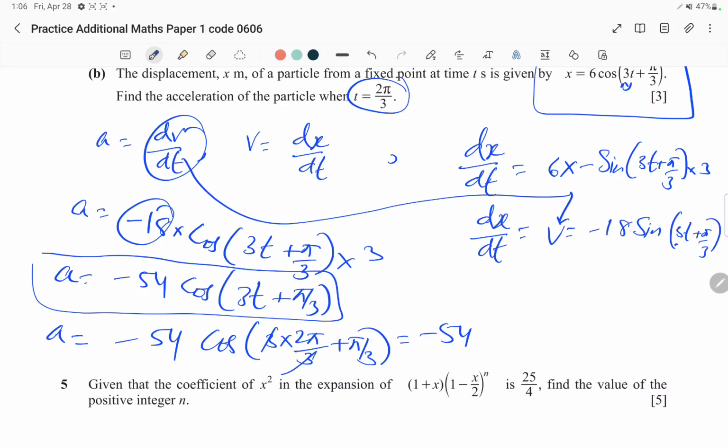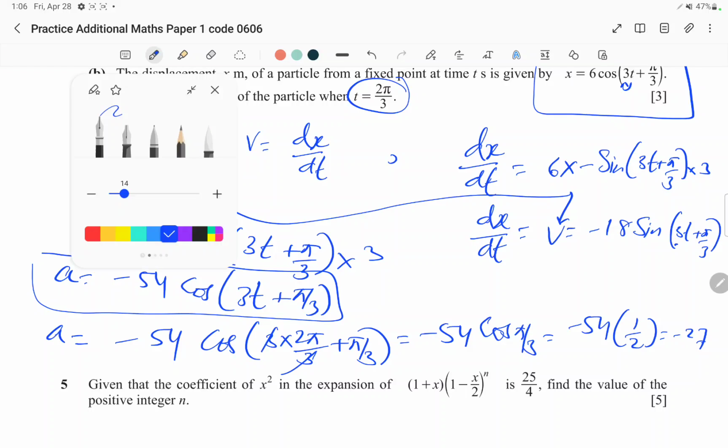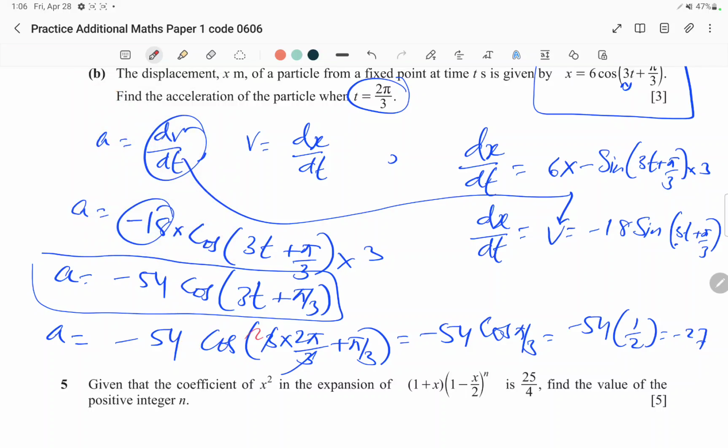Minus 54 cos 2 pi plus pi over 3. So cos 2 pi plus theta is cos theta. So this is cos pi over 3, and cos pi over 3 is half. So I got minus 27. By the way, you can use calculator over here. At this point you can use calculator, you will get minus 27.